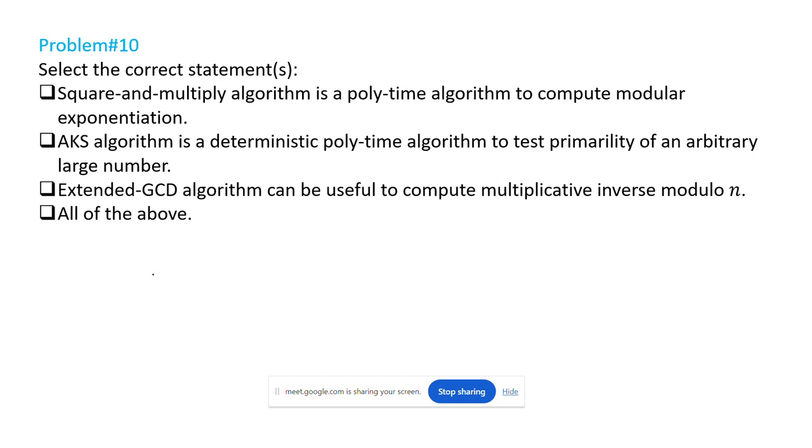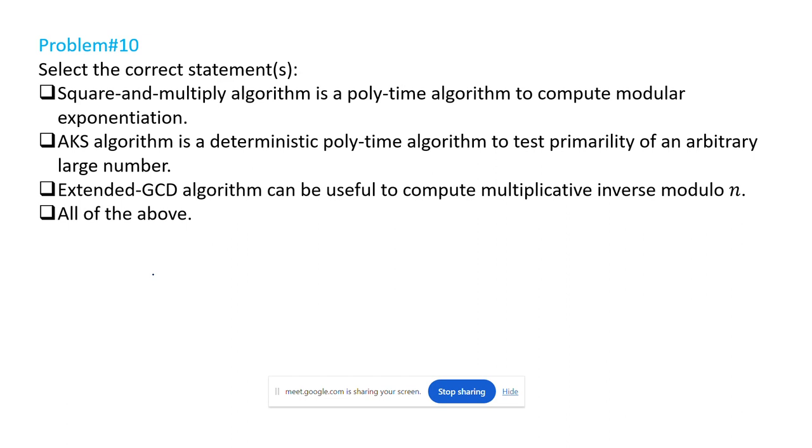If b is an n-bit integer, then depending on the bit value at a particular position, either you just do the square operation, or if the bit is 1, then only you do the multiplication operation. If the bit is 0, you don't do the multiplication operation.